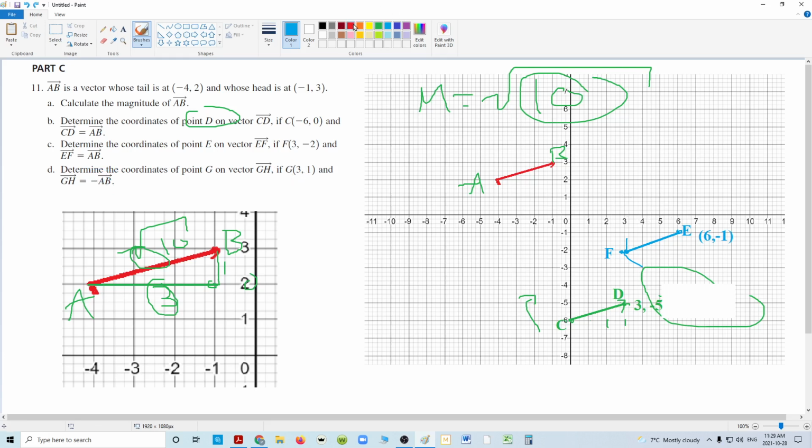We'll use orange. And we know that if it's the opposite direction, it's going that way, and this is definitely the tail, G, because it's the first letter. And since AB goes 3, 1, we've got to go 3 that way and 1 down. So it ends at 0 comma 0.